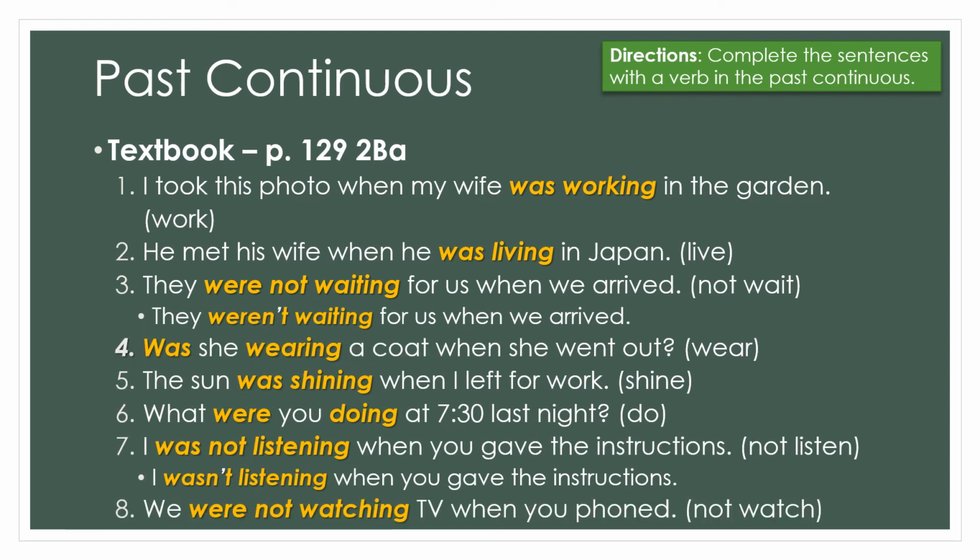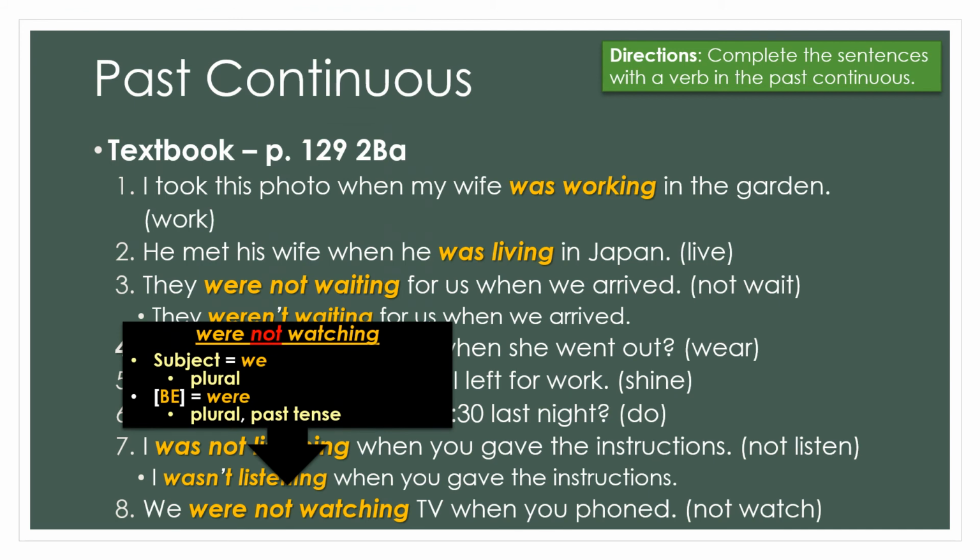Number 8, we were not watching TV when you phoned. We is the subject and it is plural, so the appropriate form of the verb be is were, which is plural past tense. Since it's a negative formation, we put the adverb not between the verb were and watching.